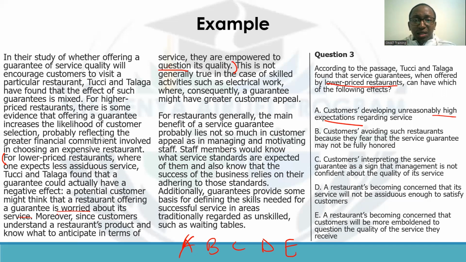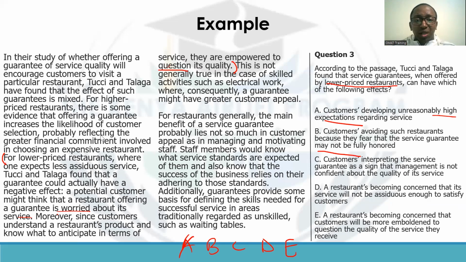B, customers avoiding such restaurants because they fear that the service guarantee may not be fully honored. So this seems good at first glance, but thinking about it, we see that they actually do not think that this service guarantee will be offered. The moment that they have offered this guarantee, they start doubting the service and they stop believing that this service is actually as good.